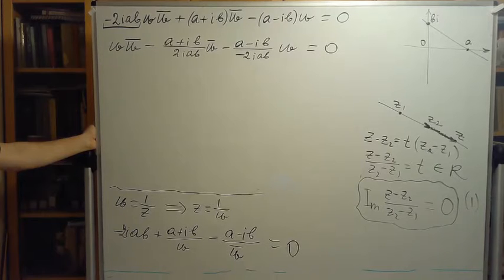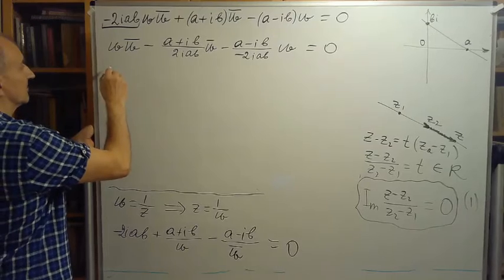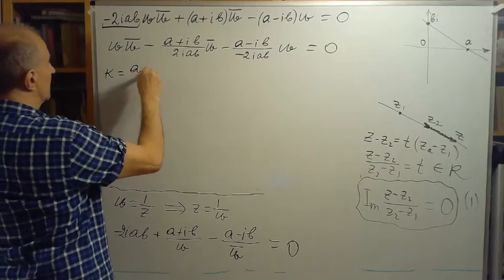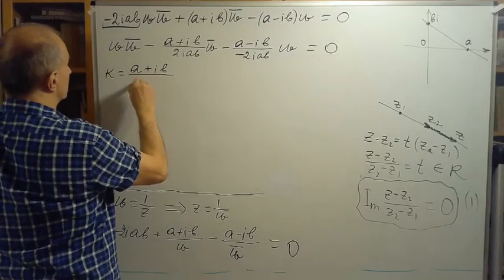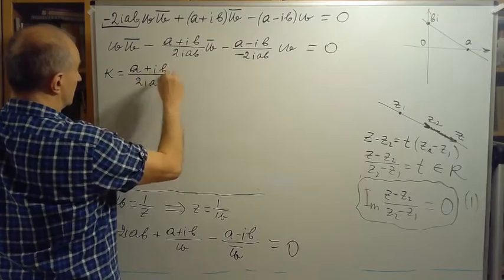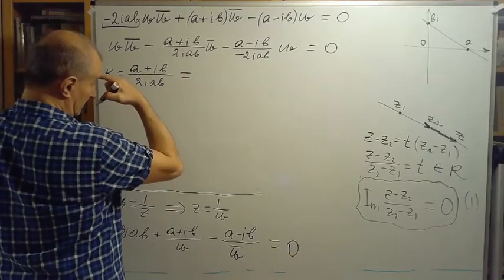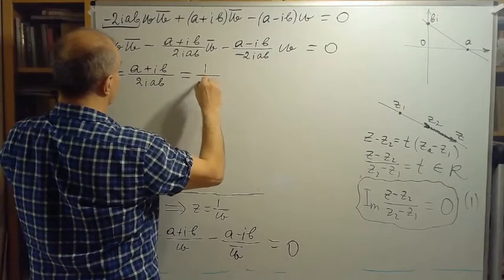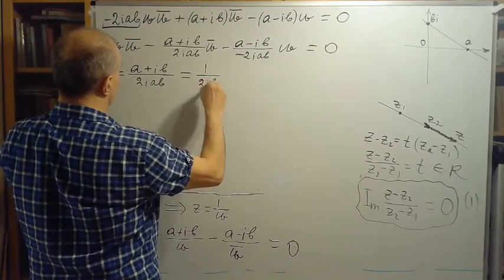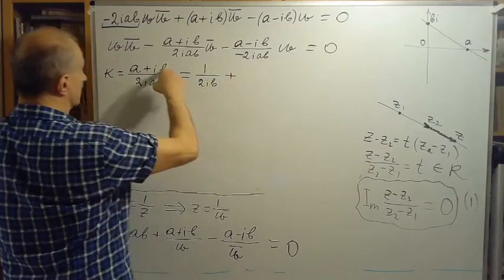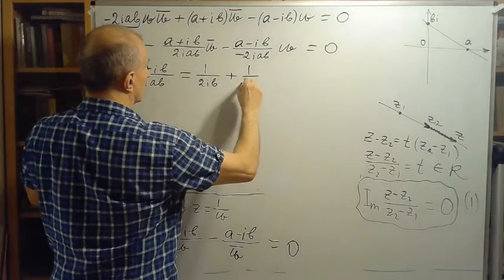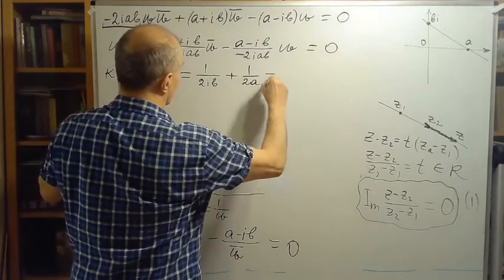Now I want to consider this coefficient staying with W conjugate and W. This number, I will denote it for convenience K, just to give it some name. a plus ib divided by 2iab equals, let's divide a over 2iab, will be 1 over 2ib, and plus ib and ib will cancel here, 1 over 2a equals.